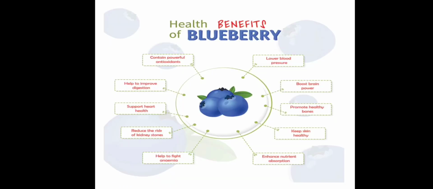Are blueberries good for diabetics? The answer is yes. The fiber and antioxidants in blueberries promote a more stable blood sugar response. In fact, the American Diabetes Association, that is ADA, calls blueberries a diabetic superfood.